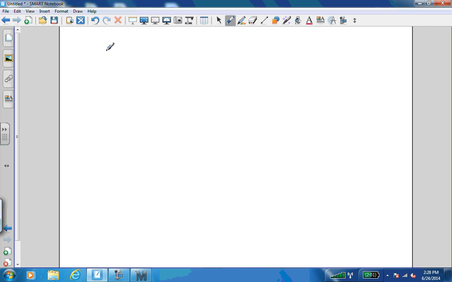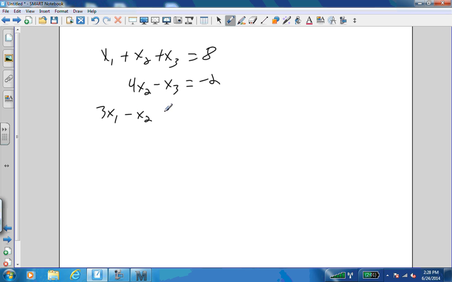Let's do another one. Let's suppose we have x of 1 plus x of 2 plus x of 3 equals 8, x of 2 minus x of 3 is negative 2, and 3, negative 1, 2 equals 0.